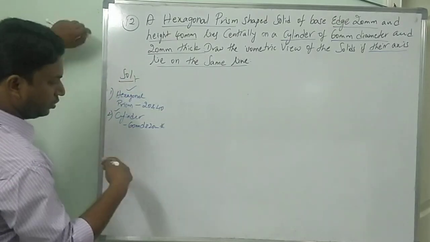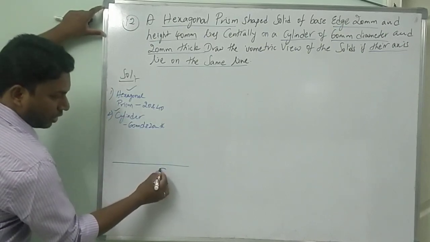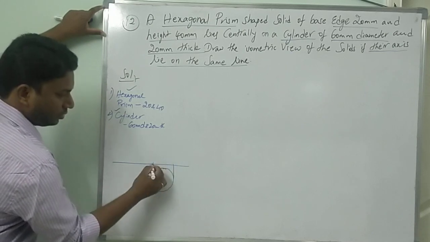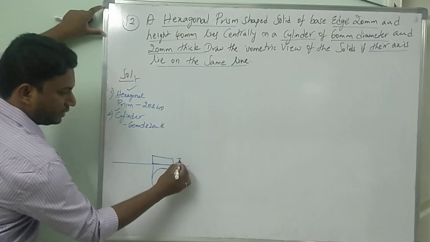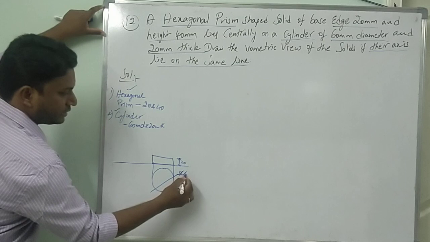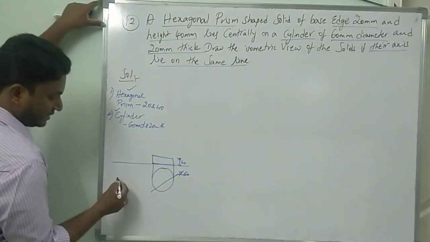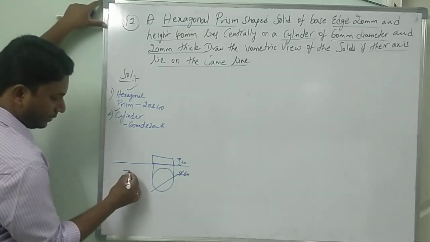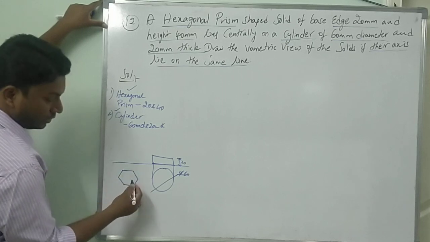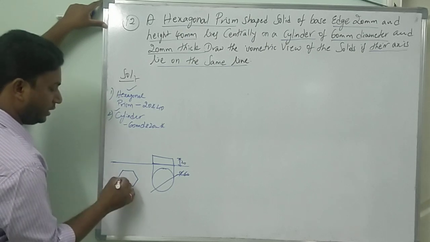If I have to draw separately, analyze this cylinder first: top view circle, front view a rectangle with thickness 20 and diameter 60. Now the hexagonal prism. As nothing is mentioned, I am taking the edge parallel to VP, each side 20.